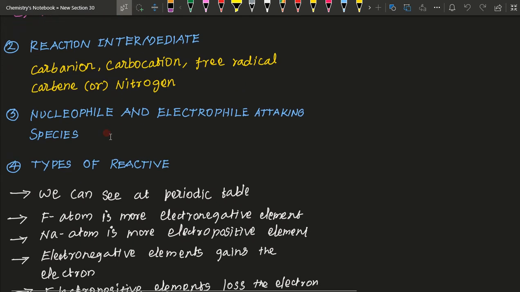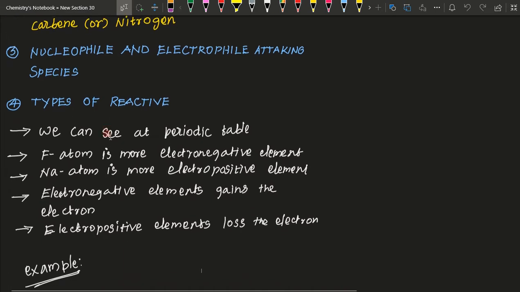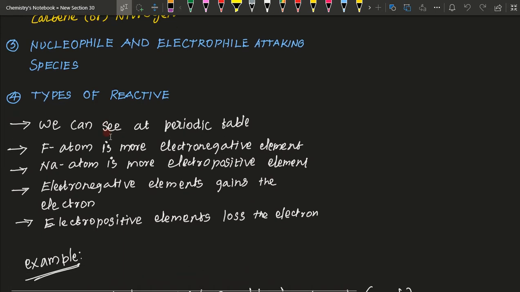Next, types of reactive. See below, we can see in the periodic table, fluorine atom is the more electronegative element, but sodium atom is the more electropositive element. So both attract each other.